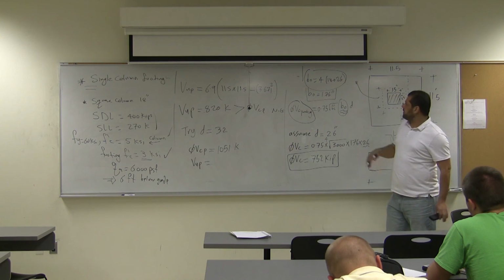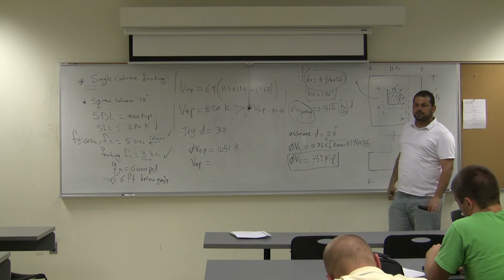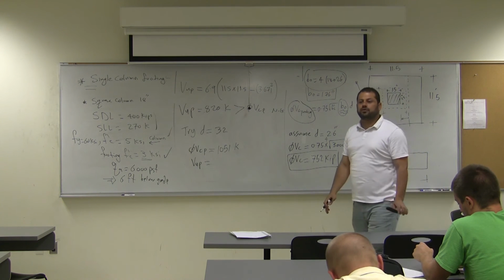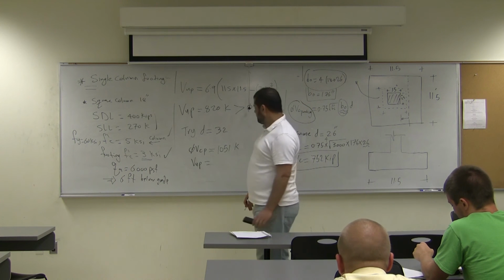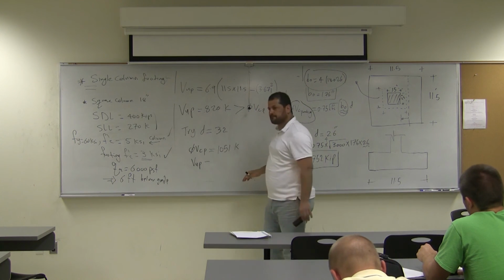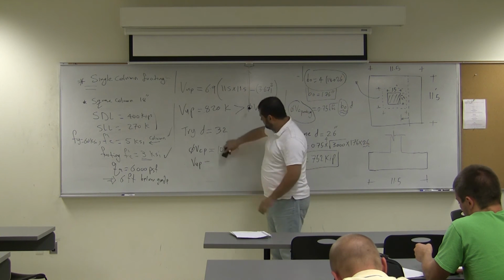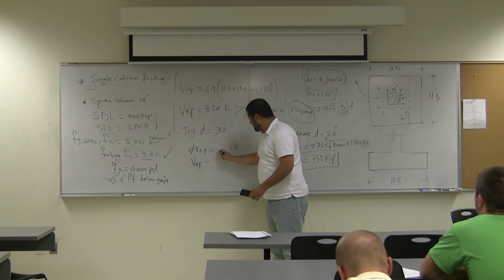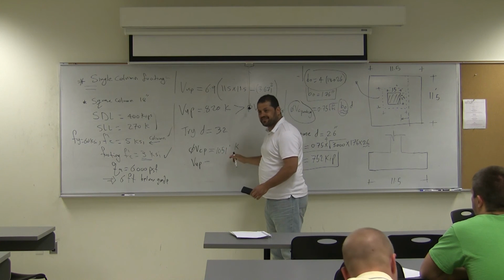Okay, we'll do it all together. 18 plus 32 times 4 times 32 times square root of 3,000 times 4 times 0.75. That's another number, I got it.